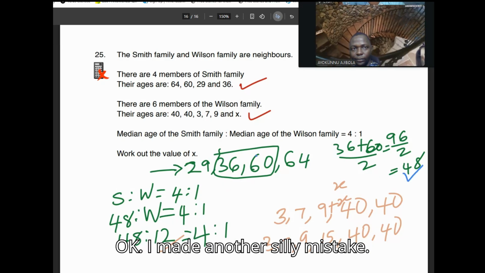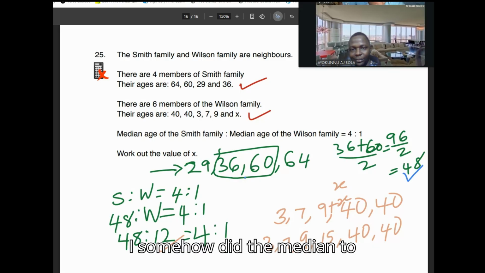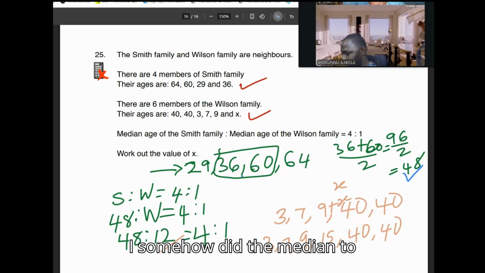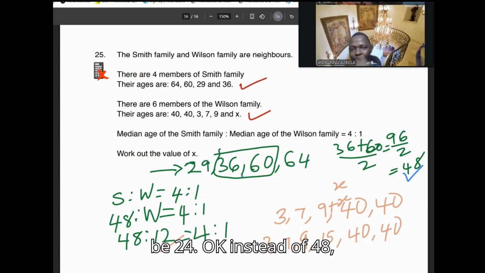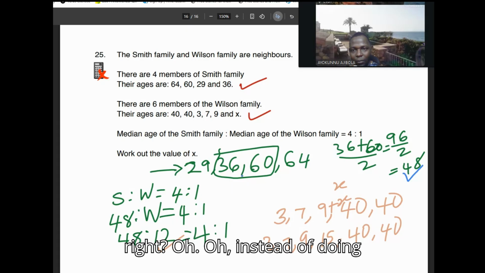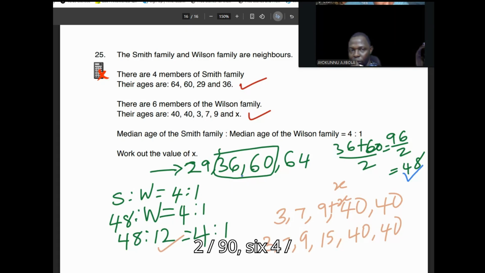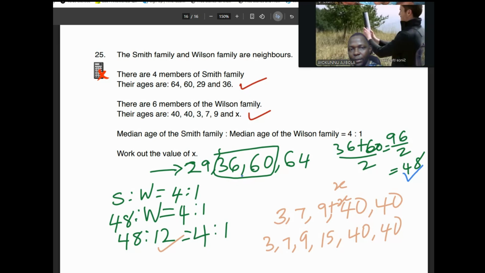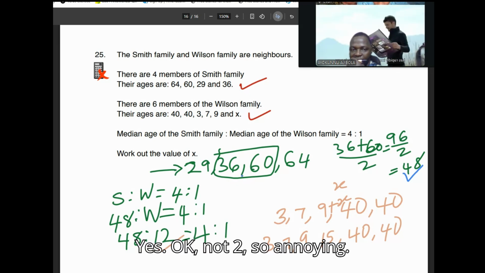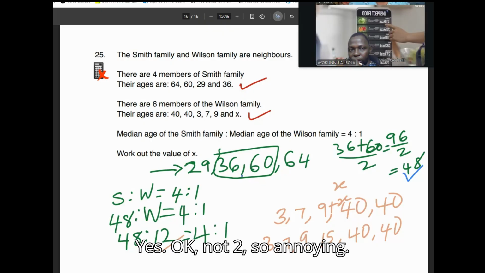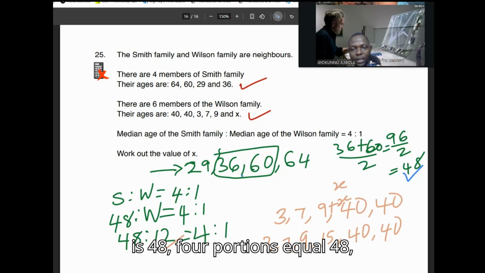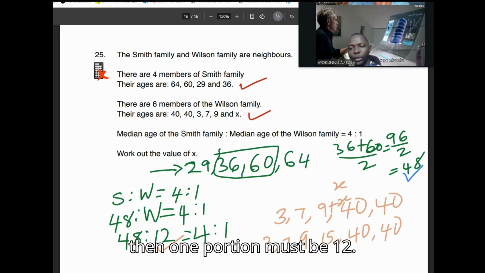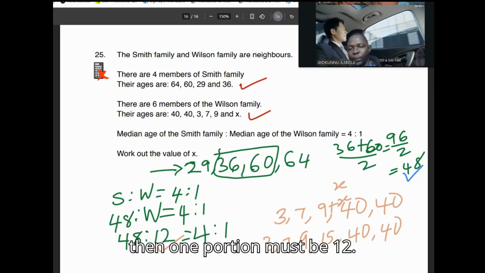I made another silly mistake. I somehow did the median of the Smith family to be 24 instead of 48. Instead of 96 divided by 2, I did 96 divided by 4. That's so annoying. So that's 48. Since 4 portions equal 48, then 1 portion must be 12.